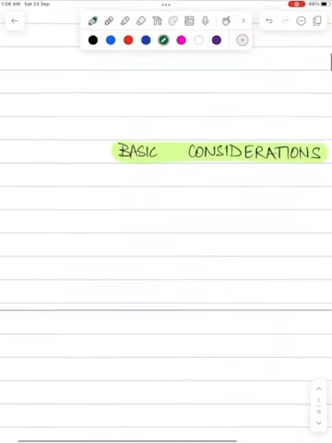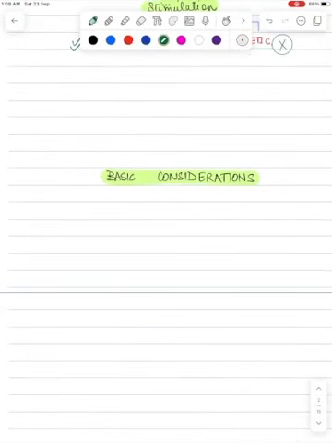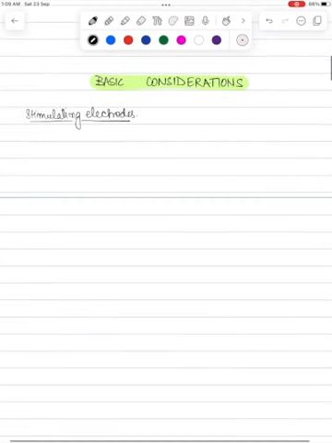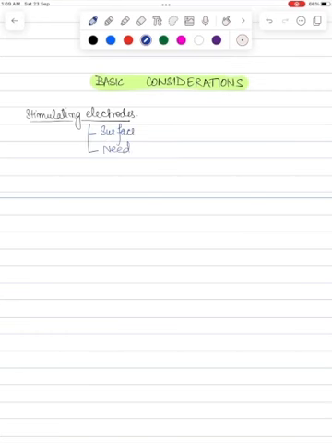So let us talk about some basic considerations while considering neuromuscular monitoring. So first, let's talk about the stimulating electrodes. Now, the stimulating electrodes, which are ultimately going to stimulate the nerve, they can be either surface electrodes or they can be needle electrodes.